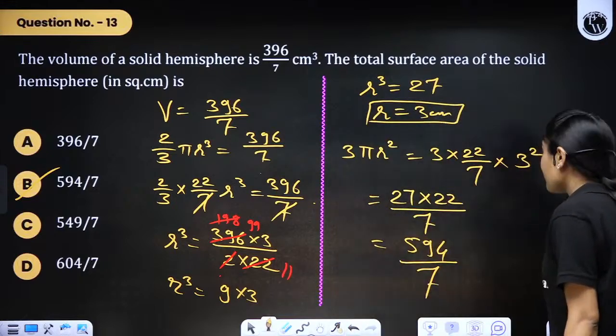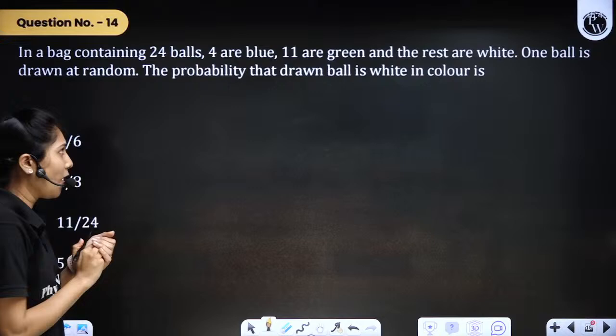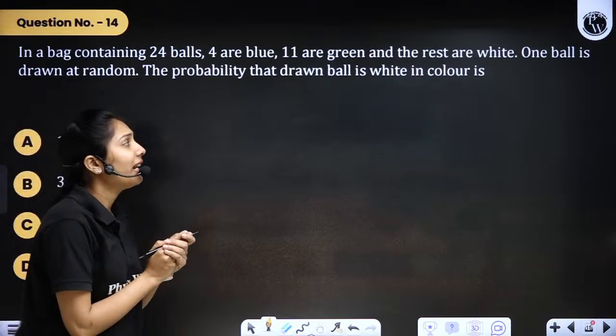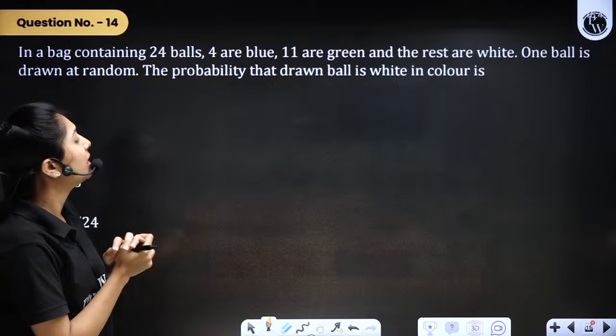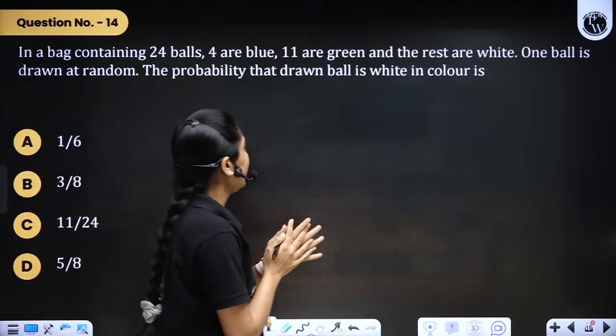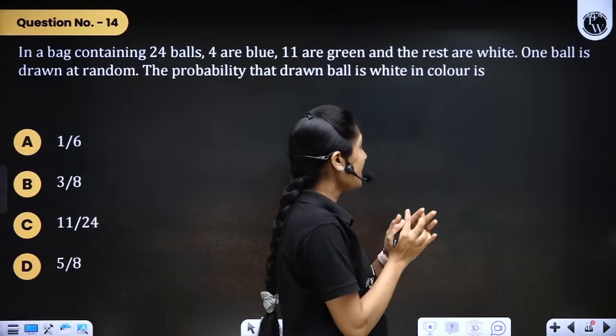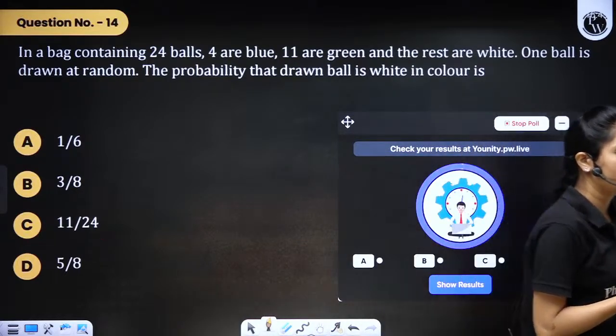Now next. In a bag containing 24 balls, 4 are blue, 11 are green, the rest are white. One ball is drawn at random. The probability that the drawn ball is white in color, the easiest one. What should be the probability of drawing a white ball?